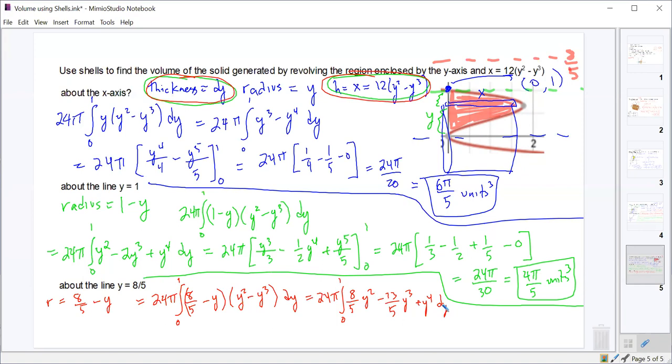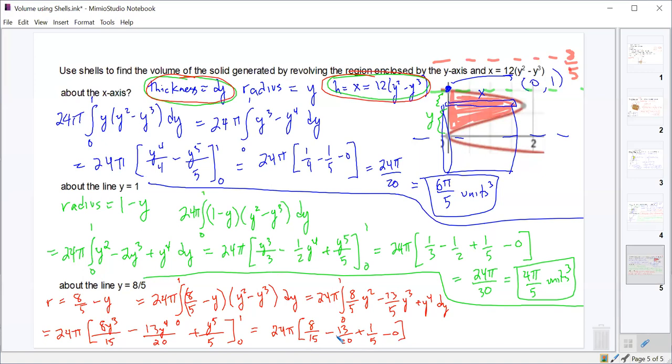And when we integrate that, should be 24 pi, should be 8y cubed over 15, minus 13 y to the 4th over 20 plus y to the 5th over 5 from 0 to 1, which ought to give us 24 pi times 8/15 minus 13/20 plus 1/5 minus 0.